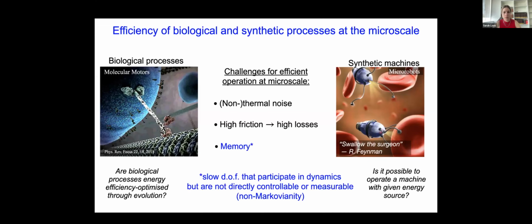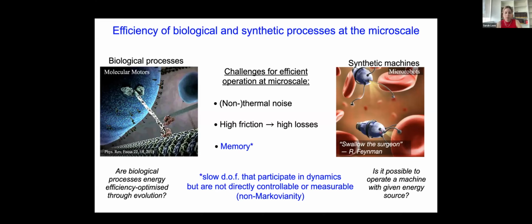If you think about such processes at the microscale, there are particularly important challenges. One is the presence of noise, which can be thermal or non-thermal. Another is that at these scales, due to low Reynolds numbers, we have high friction, meaning high losses if we move things from A to B. That also motivates optimizing processes for their efficiency.